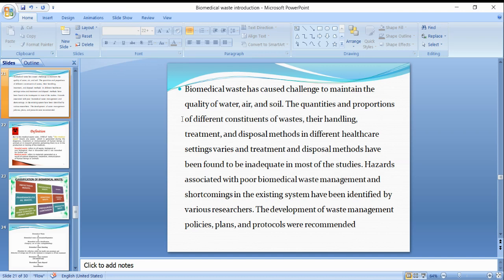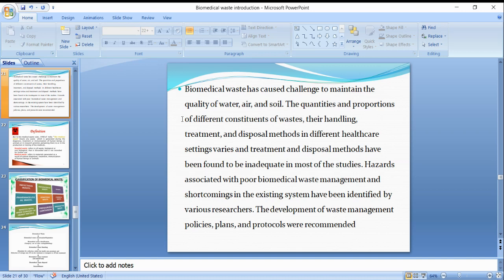So they made those who are poor in biomedical waste management aware of the identification of their waste. They identified them and gave awareness of waste management, and waste management policies, plans, and protocols were recommended.